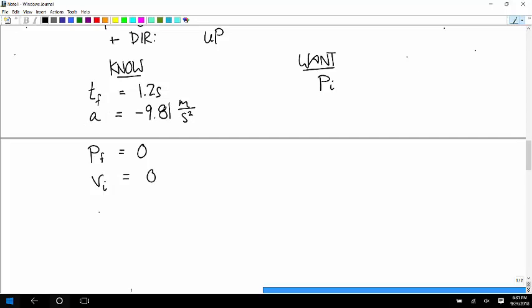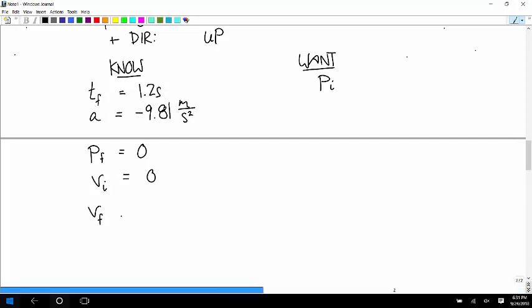So here are the three equations. V final is equal to V initial plus A times T final. And then P final is equal to P initial plus V initial times time final plus 1/2 A times time final squared.